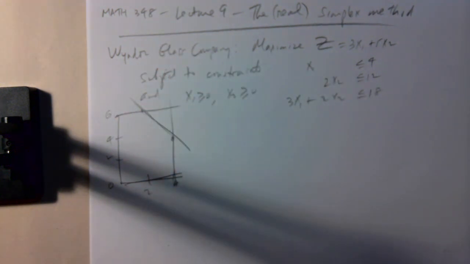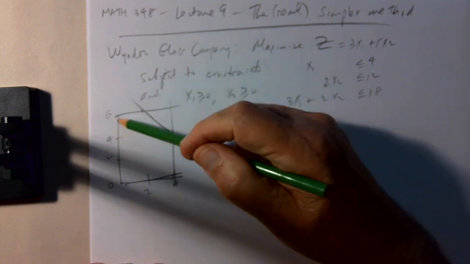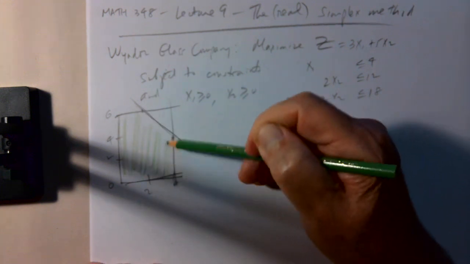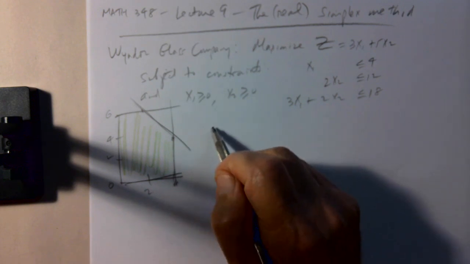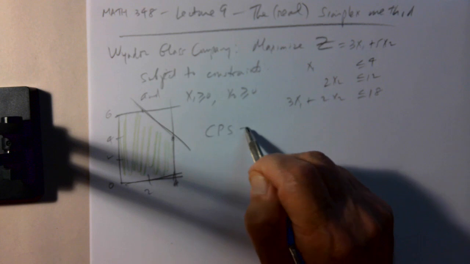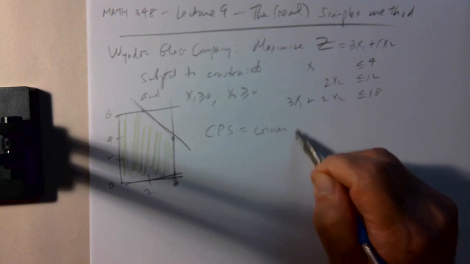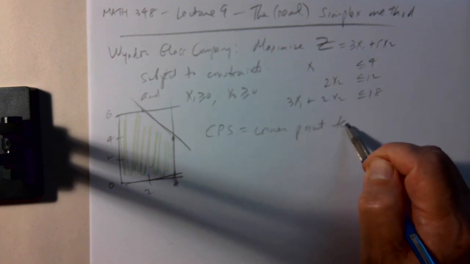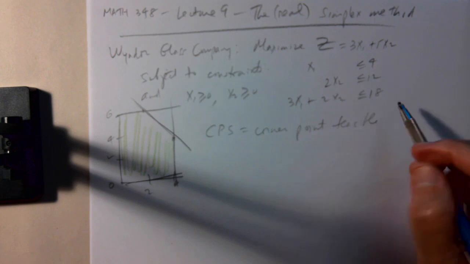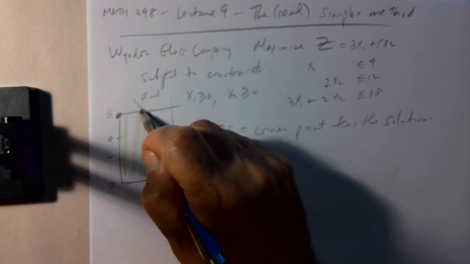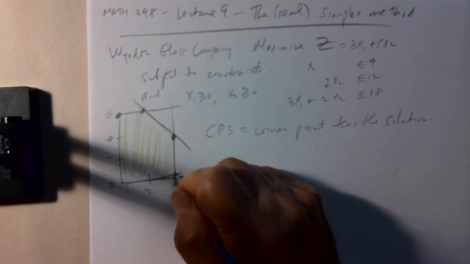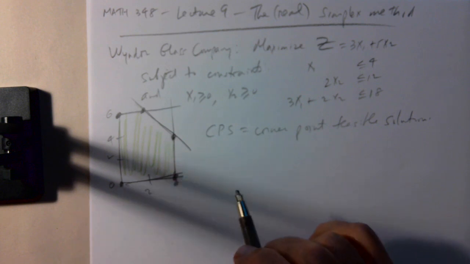So for this problem, the feasible region is this, and the CPFs, which are corner point feasible solutions, are here, here, here, here, and here.